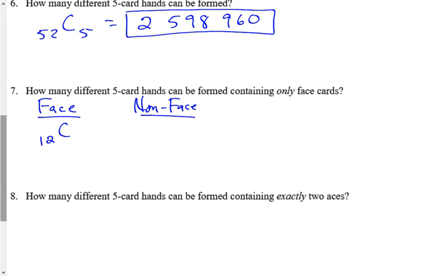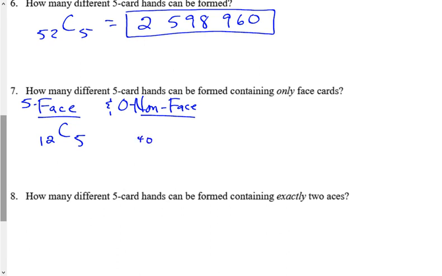And I want my entire 5-card hand to be made up of face cards, so I want to choose 5 cards from that set of 12. And so here I want 5 face cards, 0 non-face cards. So if there are 12 face cards, 52 cards in total, 52 minus 12, 40.